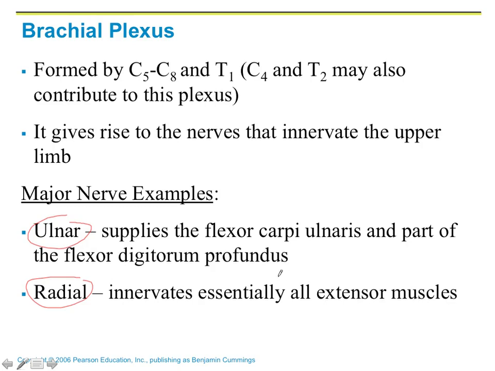The ulnar nerve innervates the flexor carpi ulnaris and part of the flexor digitorum profundus. The radial nerve innervates all the extensor muscles.